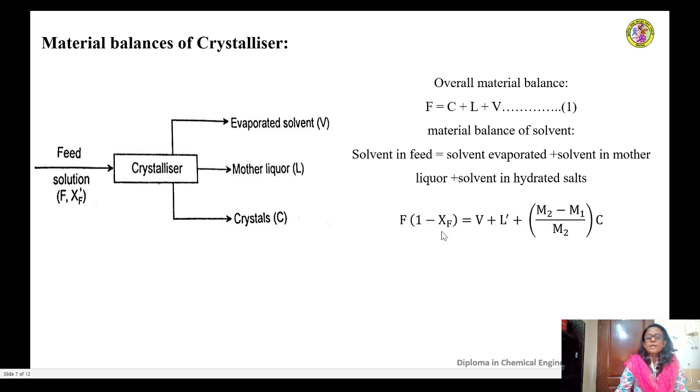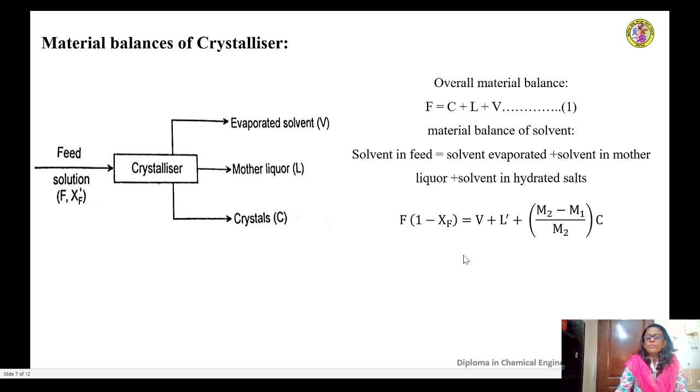If XF is the mass fraction of solute in feed, then 1 minus XF is the mass fraction of solvent in feed. That into the total amount of feed will give you the amount of solvent present in feed. So simply that will be equal to V. Then L dash is the amount of solvent in the mother liquor.